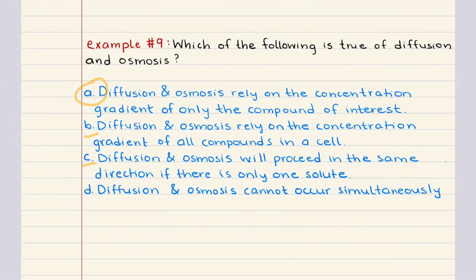And D says they cannot occur simultaneously. They can occur simultaneously. It's not an all or nothing kind of situation, however. So they can sometimes occur simultaneously, and they can sometimes not occur simultaneously. So B and C and D, they're not correct because the statements are a bit variable. So that means 9 is A.